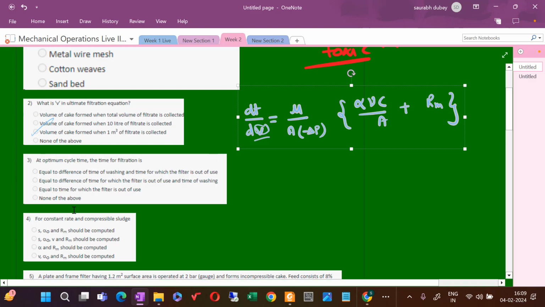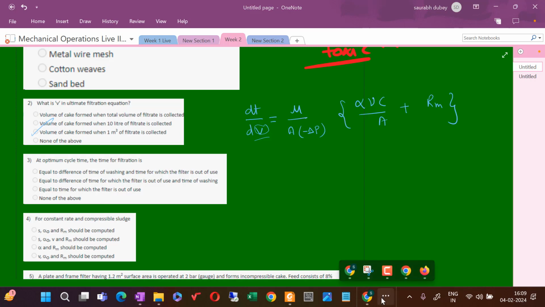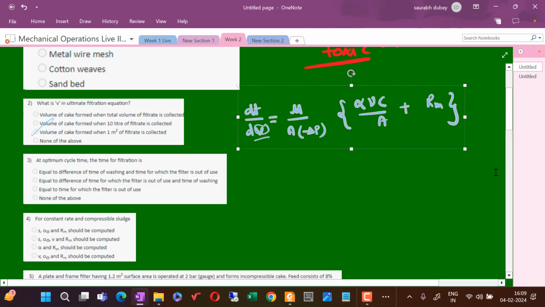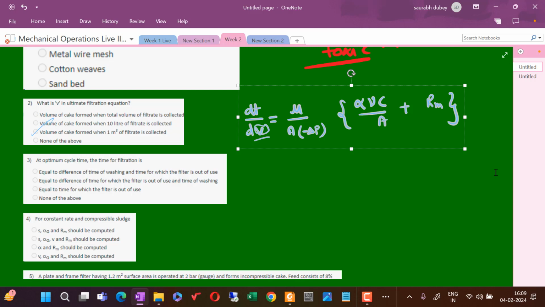At optimum cycle time, the time for the filtration is, the options are as follows. First, equal to the difference of the time of washing and the time for which the filter is out of use.